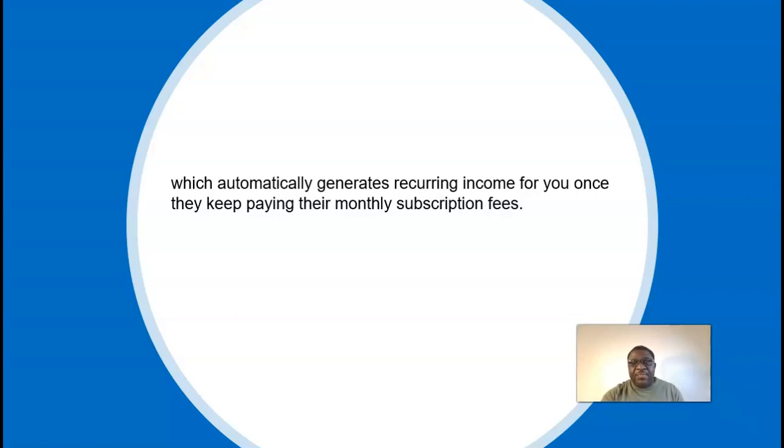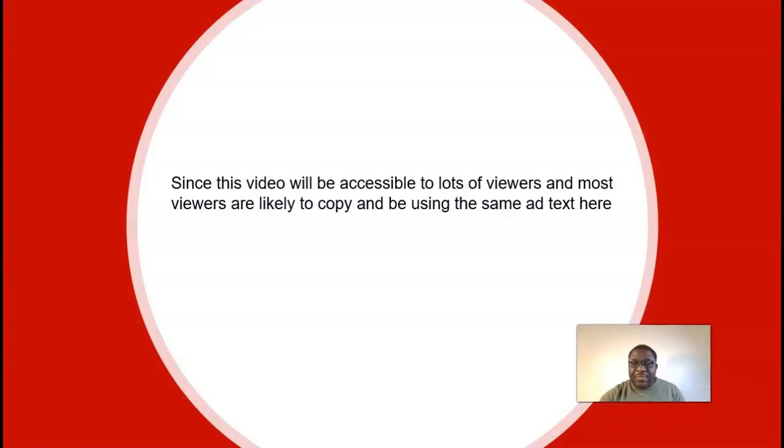Whatever plan or subscription they subscribe to immediately, you're getting 100% of that. Then by the time they start paying their monthly subscription fee, Builderall also pays you 30% recurring income on those subscriptions. So there's a massive opportunity here, guys, for you to start making money from this.